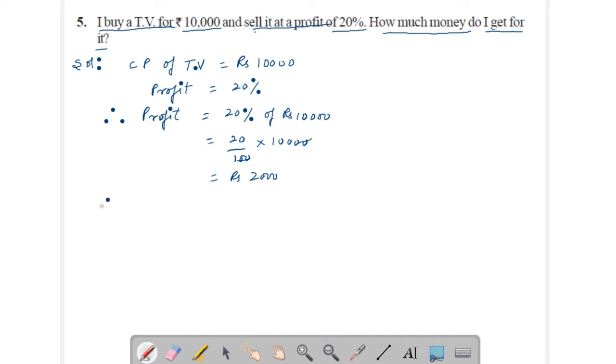Therefore, selling price of TV will be cost price plus profit. Here cost price is rupees 10,000 plus profit is 2,000.